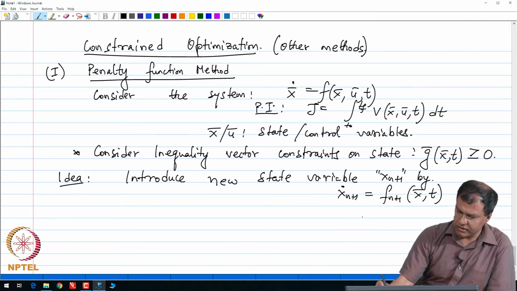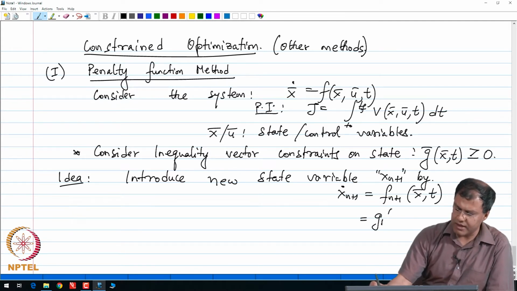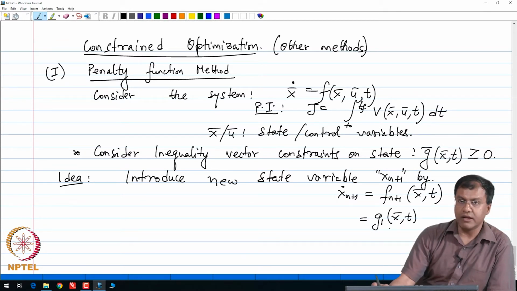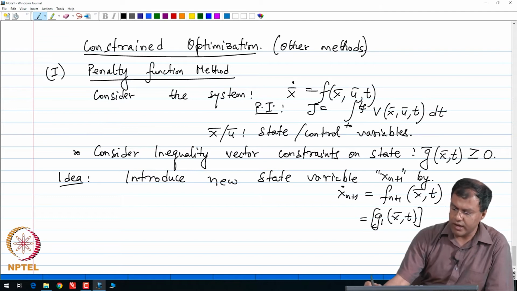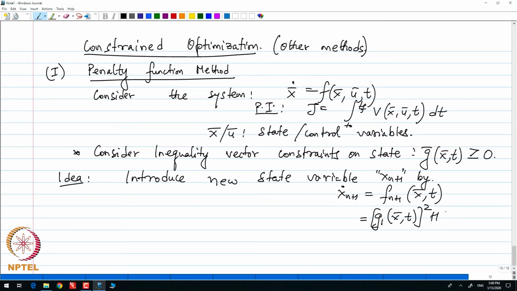The right hand side is written as g 1 of x bar comma t squared times h of g 1, where h is a Heaviside function, and so on, plus g p of x bar comma t squared times h of g p.